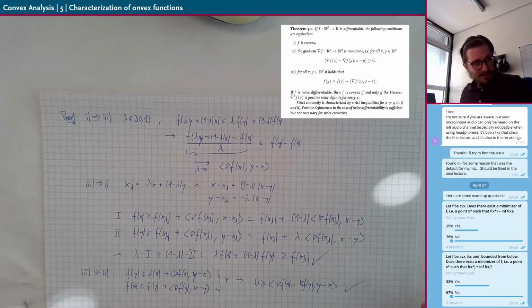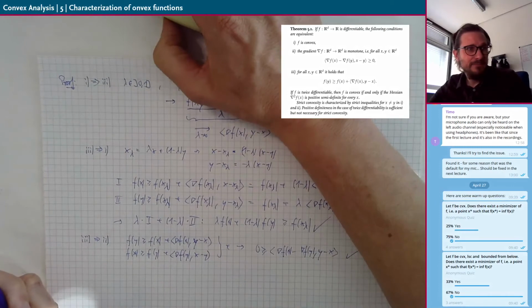So this direction is also not that difficult.